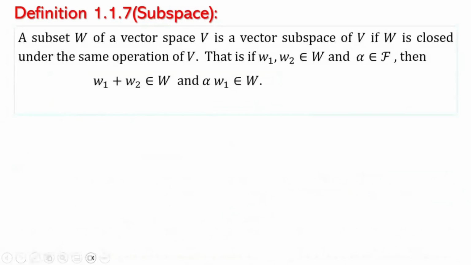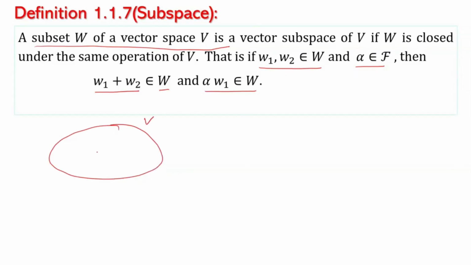Now another important aspect of this fundamental is the subspace. A subset W of a vector space V is a subspace if, with the same operations of V, that is addition and scalar multiplication, W is closed. That is, if w1, w2 belong to W and alpha belongs to F, then w1 plus w2 should belong to W and alpha w1 belongs to W. You may think that it is obvious, but it is not obviously true.